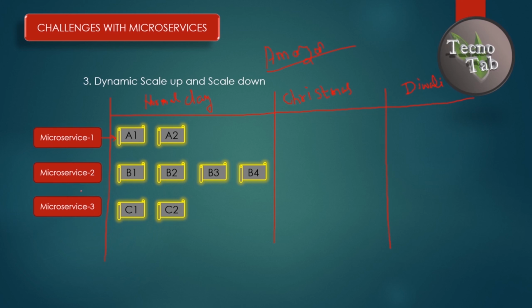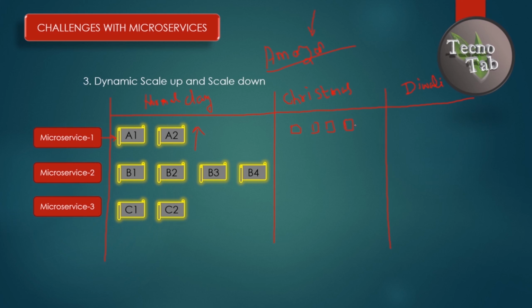So what I mean to say here is that microservice 1 today, in the normal days there are 2 instances. What happens when Christmas comes in, the load on the Amazon will increase and you need to scale this up. That means that from 2 you need to have 4 instances or 5 instances of this application running.